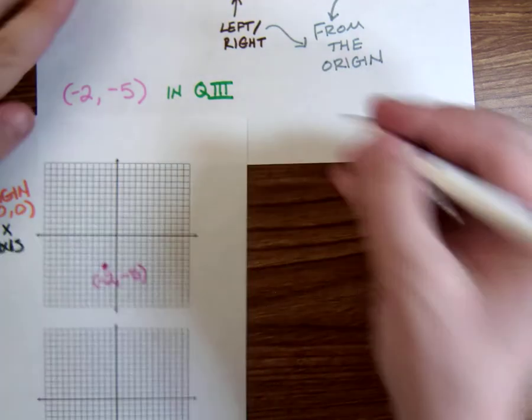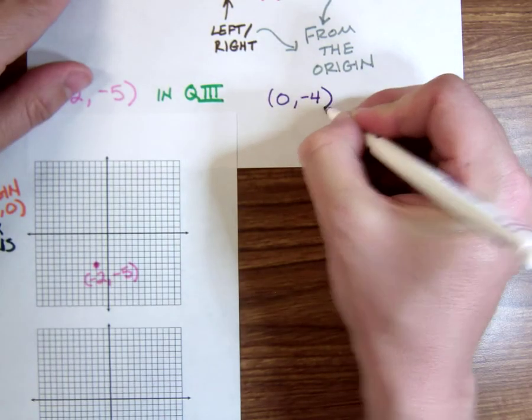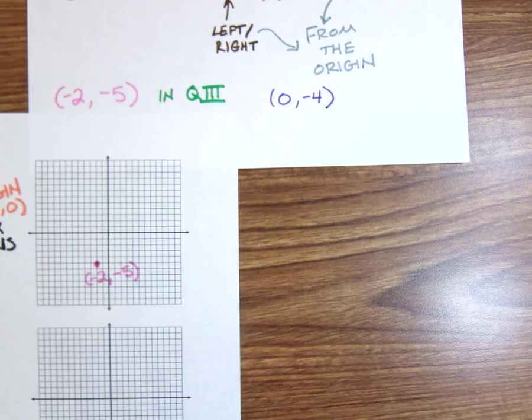All right. How about this one? 0, -4. Which quadrant is that one going to be in? Quadrant 3. Uh-oh. 0, -4. I'm hearing 2 and 3.